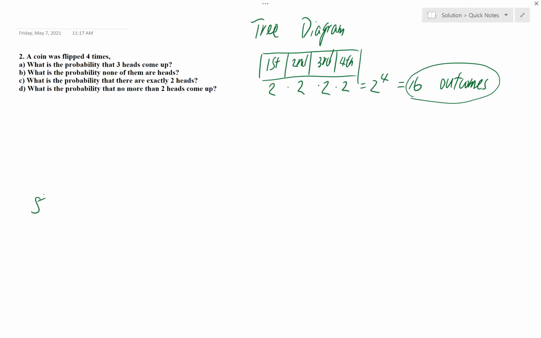So we start here. And this is the first trial, right? First time you flip it. Now you get 2 outcomes, either head or tail. Okay, that's first flip. And the second time you flip it, again, we have 2 outcomes. Okay, and then we're gonna flip it the 3rd time, right?